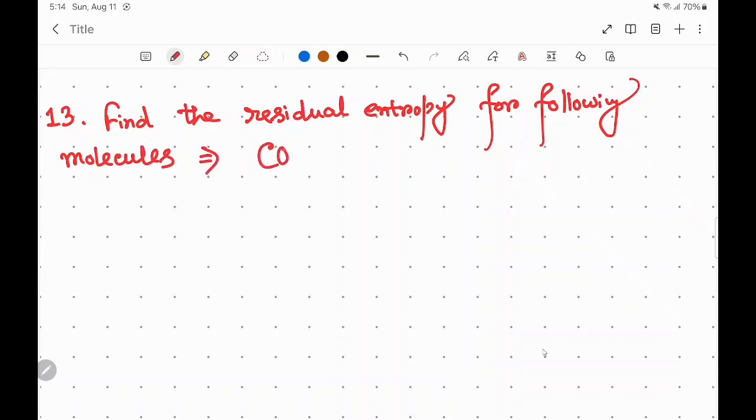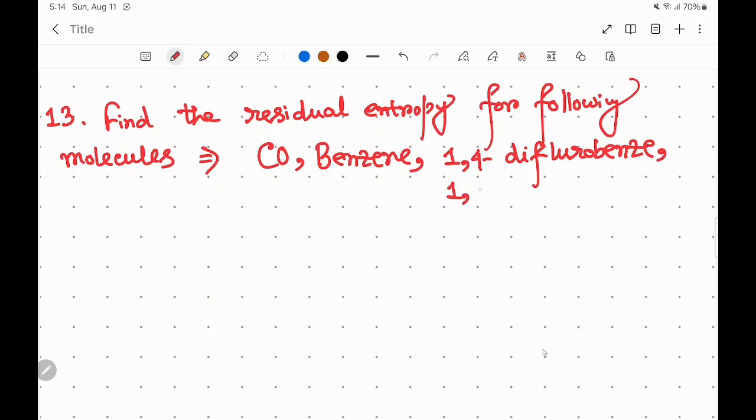Those are carbon monoxide, CO, next benzene, next 1,4-difluorobenzene, and 1,6-difluorobenzene. No, 1,2. Wow. How can it be 1,6?